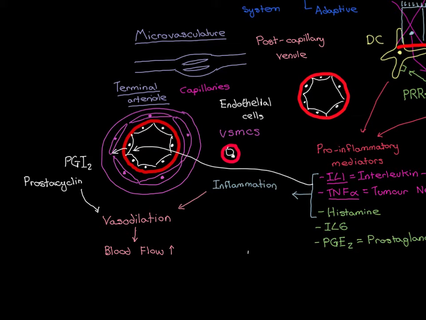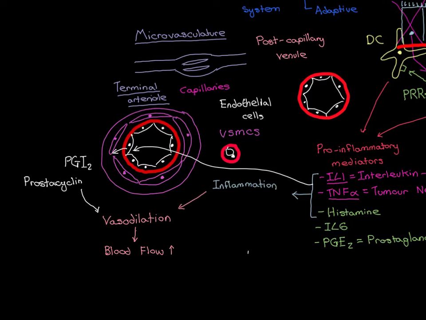Now, why is that ideal? Well, remember, all of the troops are in the blood. If we have a faster rate of blood flow through the tissue, then the total number of troops that we can recruit from that blood that's flowing through the tissue into the extracellular fluid is now going to be greater. So increased blood flow means that we can recruit more proteins from the blood and more white blood cells from the blood into the affected area.